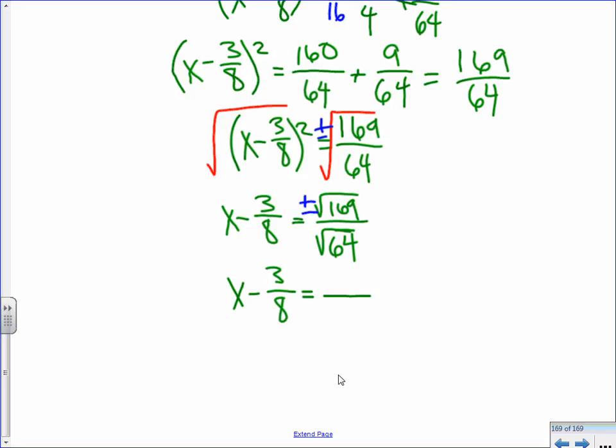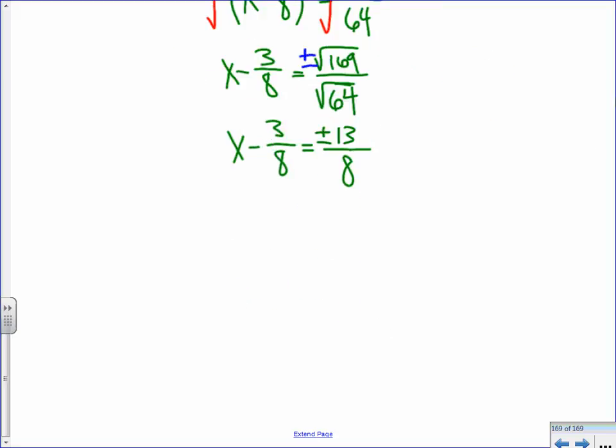So let's simplify now. Square root of 64 is 8. Great, great, great, because now we have a denominator of 8 over here and a denominator of 8 over here. And square root of 169 is 13. So plus or minus 13. Okay, let's keep going.